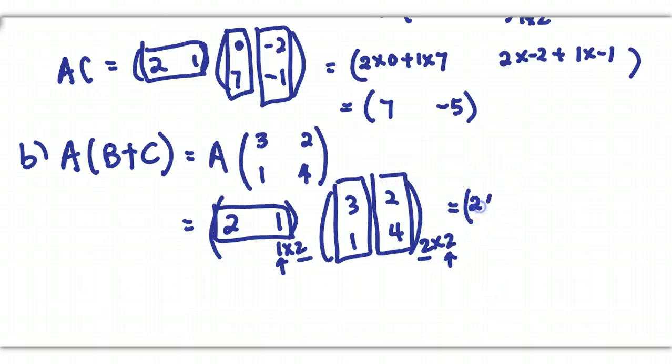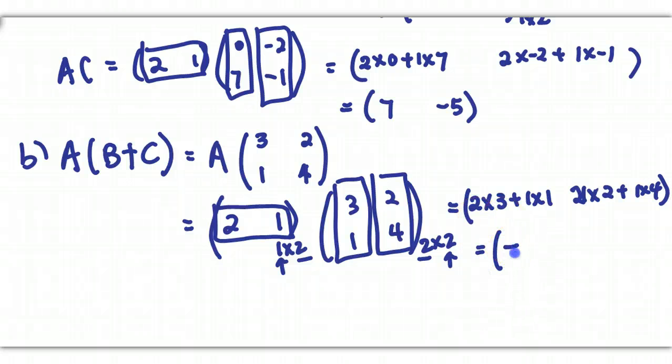So I should get the first element 2 times 3 plus 1 times 1. Second element 2 times 2 plus 1 times 4. And you should get 7 and 8.